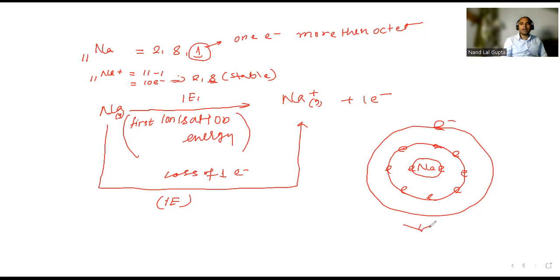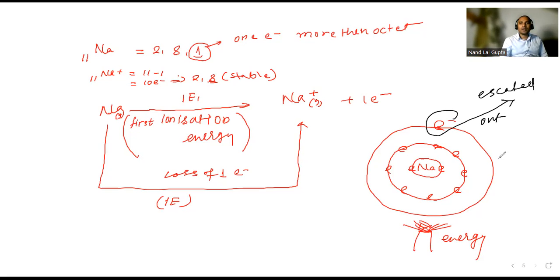What you did is you supplied the energy. If you supply the energy, this electron is going to escape out. So one electron has escaped out.